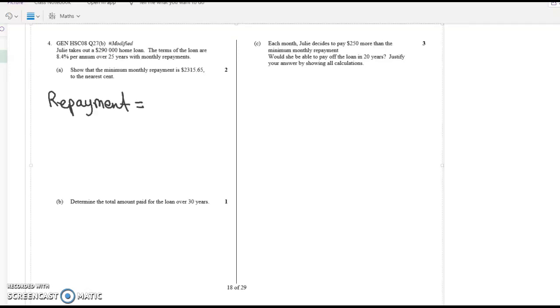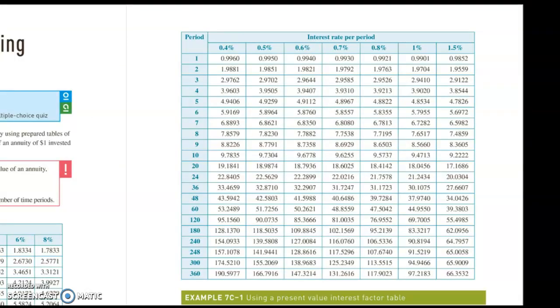So the repayment is going to be equal to the loan amount, $290,000, divided by the value from the table. Now, we're going to need our textbook page. So if you go to the textbook, it will look something like this.